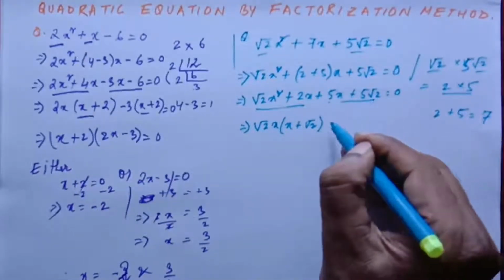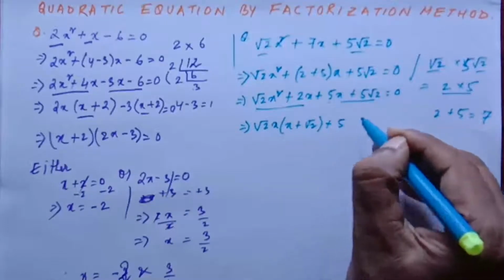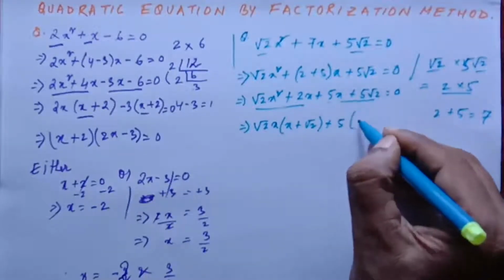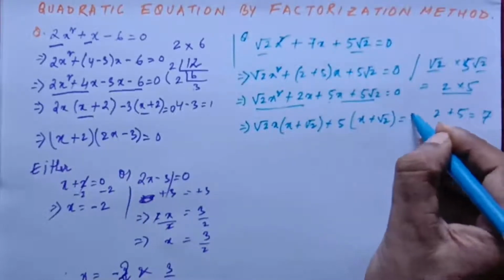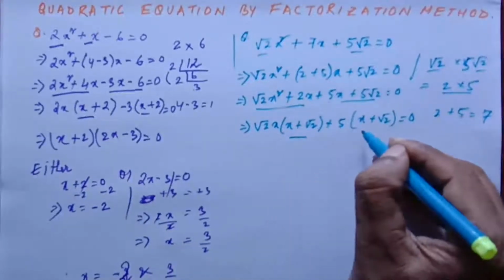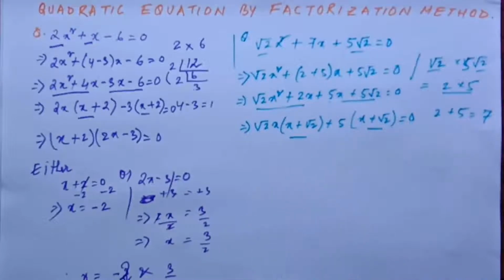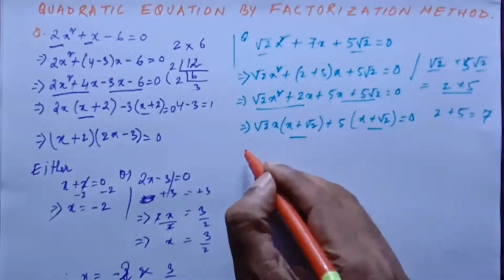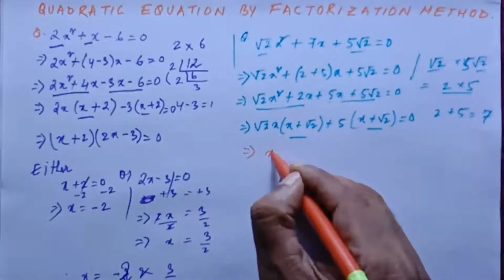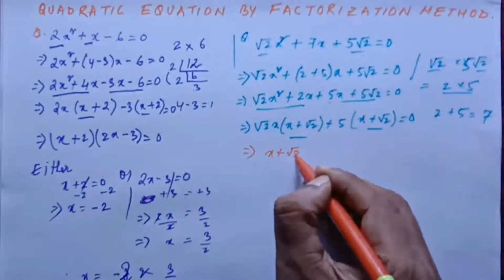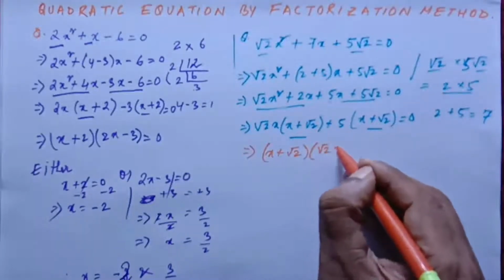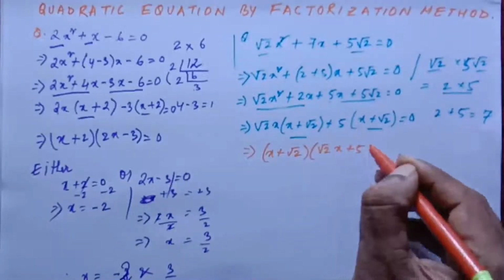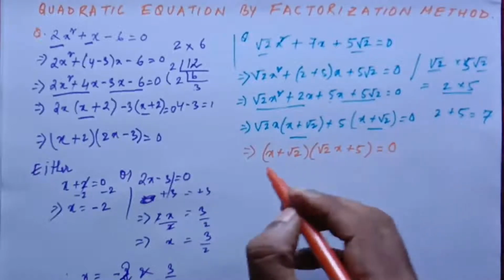From these two we can take 5 common, 5 into x plus root 2. Now x plus root 2 is common in both, so we can write x plus root 2 into root 2x plus 5 equal to 0.